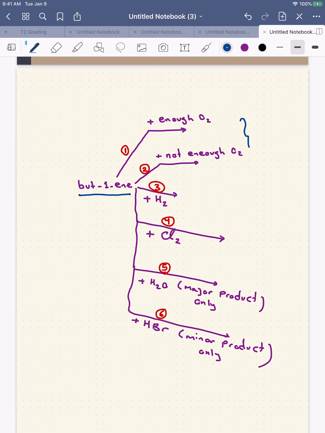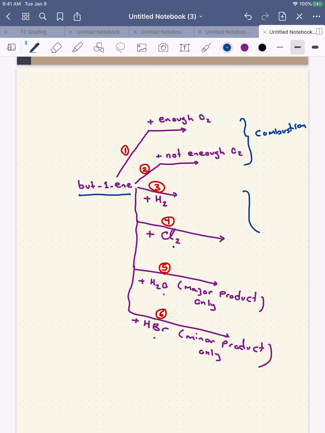You have to remember these 2 reactions are combustion, but one of them is complete and the other one is incomplete, and we have to be able to write it. Then what happens if you add hydrogen, chlorine, water, and HBr, and especially in case of water, what is the major product? In HBr, what is the minor product?